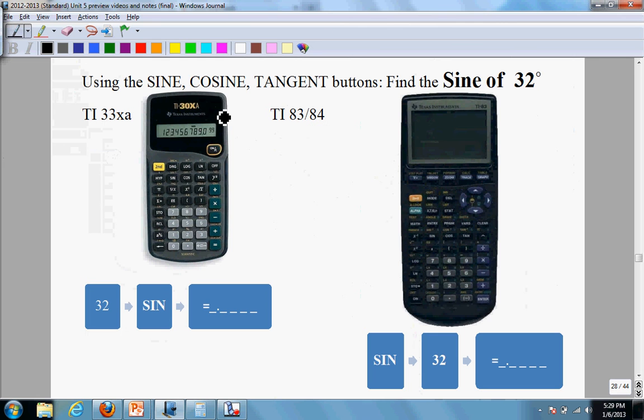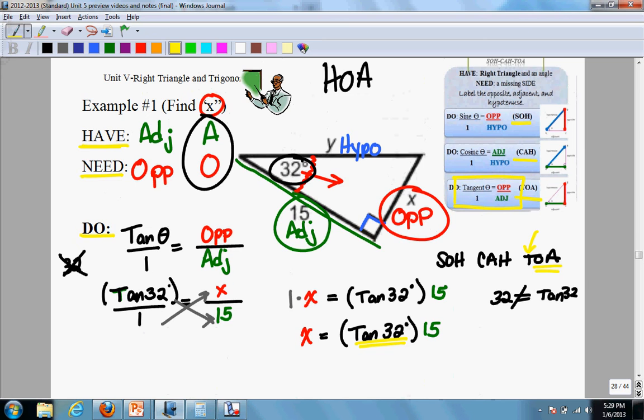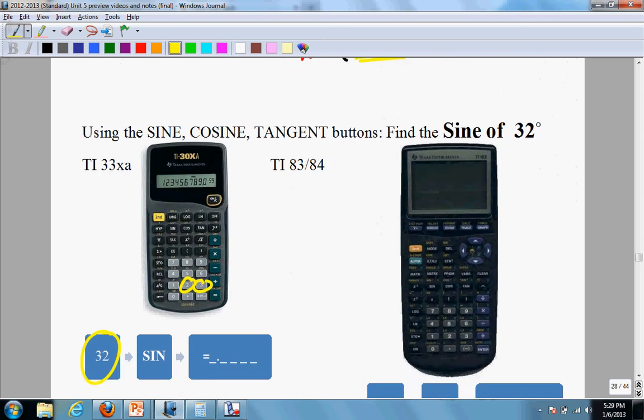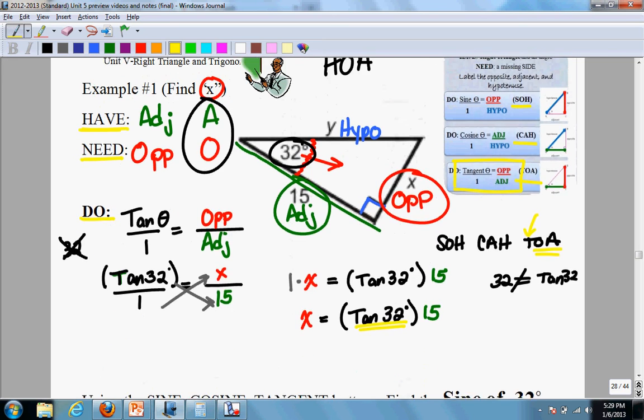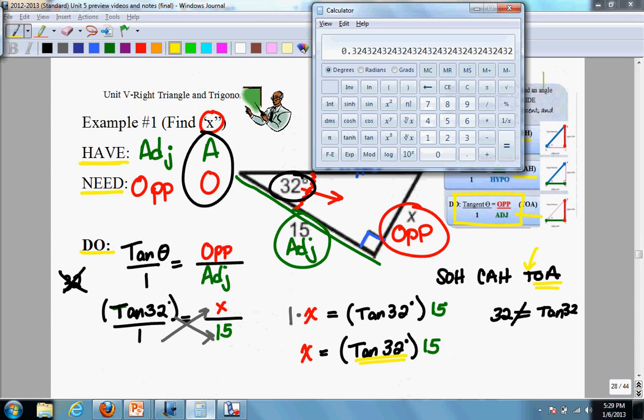Okay, if you have the TI-30XA, what you're going to do is put in 32 and then you hit the tangent button. Get out your calculators, and we're going to see which way yours go.